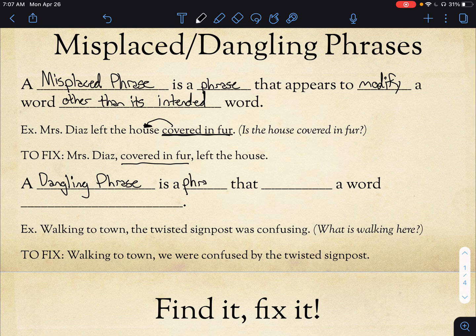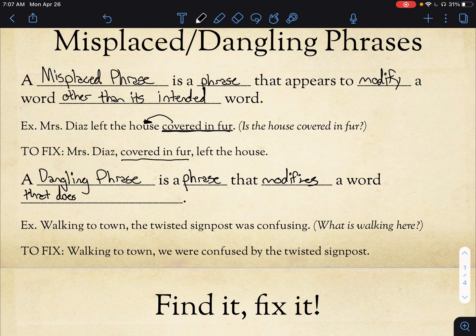It's, again, a phrase, but this one modifies a word that doesn't appear in the sentence. Oh, didn't give myself enough space. It doesn't appear in the sentence. You don't quite know where the phrase is modifying. So in our example, walking to town, the twisted signpost was confusing.